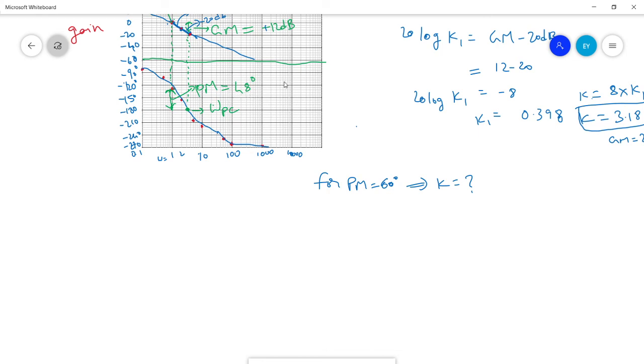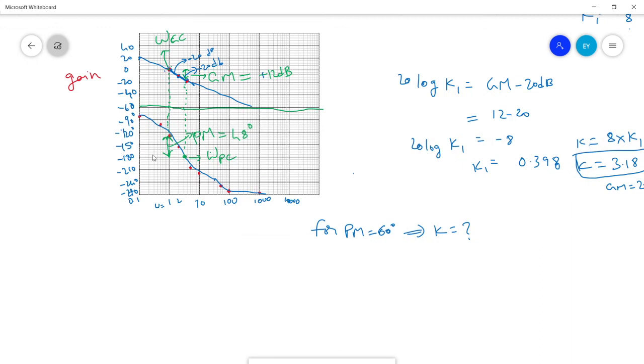If you consider phase margin equal to 60, we should take the deviation from minus 180, here till 48 we got, and some point somewhere here will give phase margin as 60, PM equal to 60.